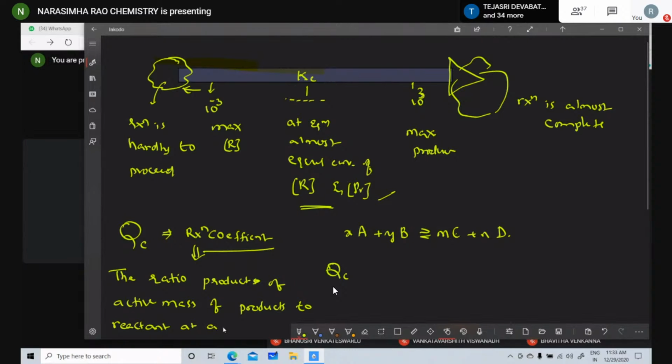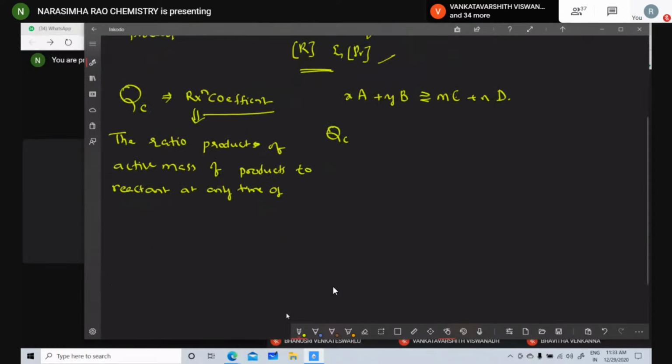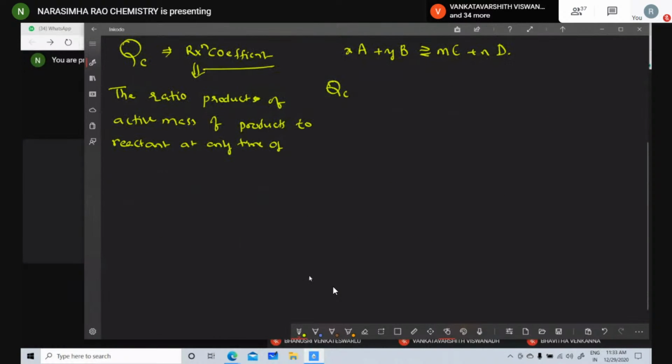at any time of the reaction other than the equilibrium state.